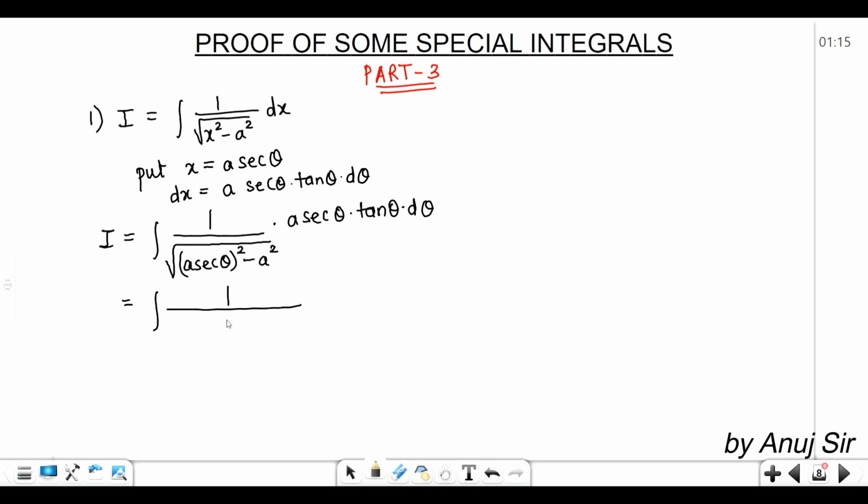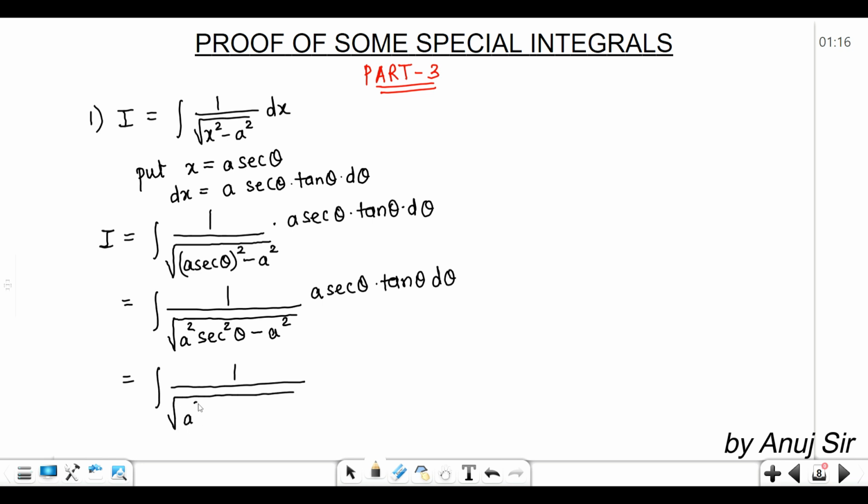Then this will be a square sec square theta minus a square, and in the numerator it will be the same. You just have to repeat it. Now you can see we have a square common. We can take a square out, so you are left with sec square theta minus 1.